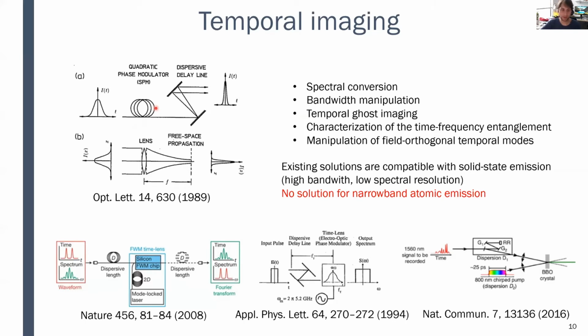If we want to have propagation, then we want a quadratic phase in terms of frequency, as in the spatial domain we have a quadratic phase as a function of the transverse wave vector. So here we want a quadratic phase as a function of frequency, and this is known as the group delay dispersion. So we could, for example, make a dispersive delay line, or just use a very long piece of fiber to have a lot of dispersion.